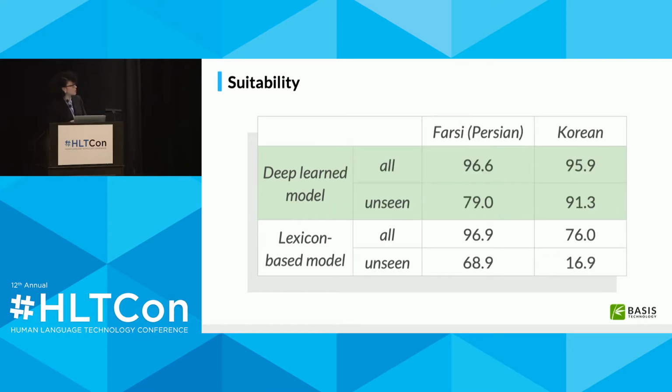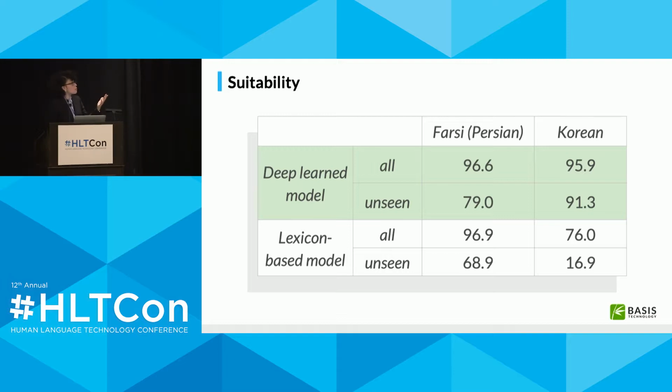And I can add a little color to this. This new column that says all and unseen, this basically has to do with how well the model performs on all the words that it was presented with, and then how well it performs on words that were not part of the training set or might not exist in the dictionary. And so my point here is really to say that the model and the technique you choose should be based on, again, the problem you're trying to solve.